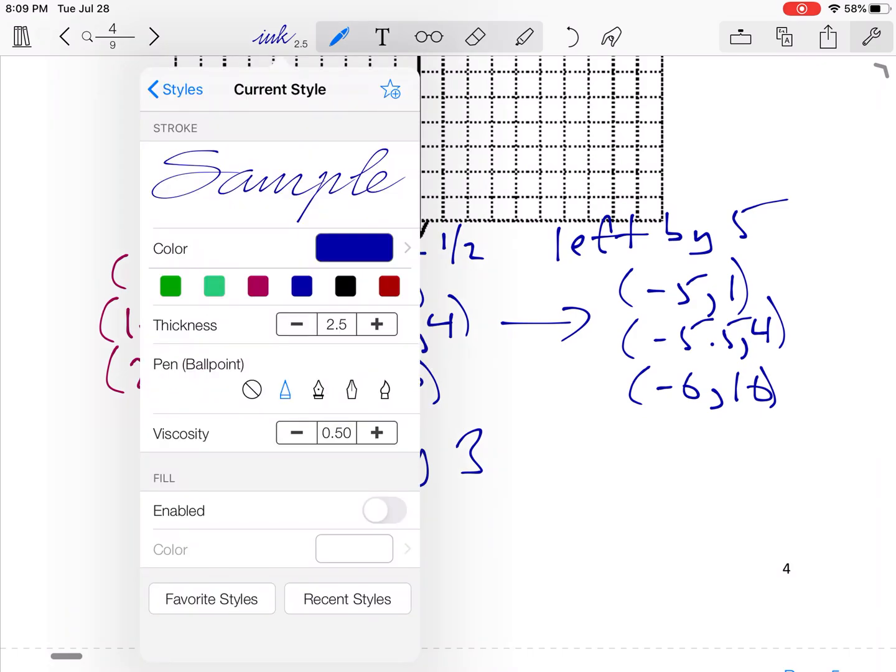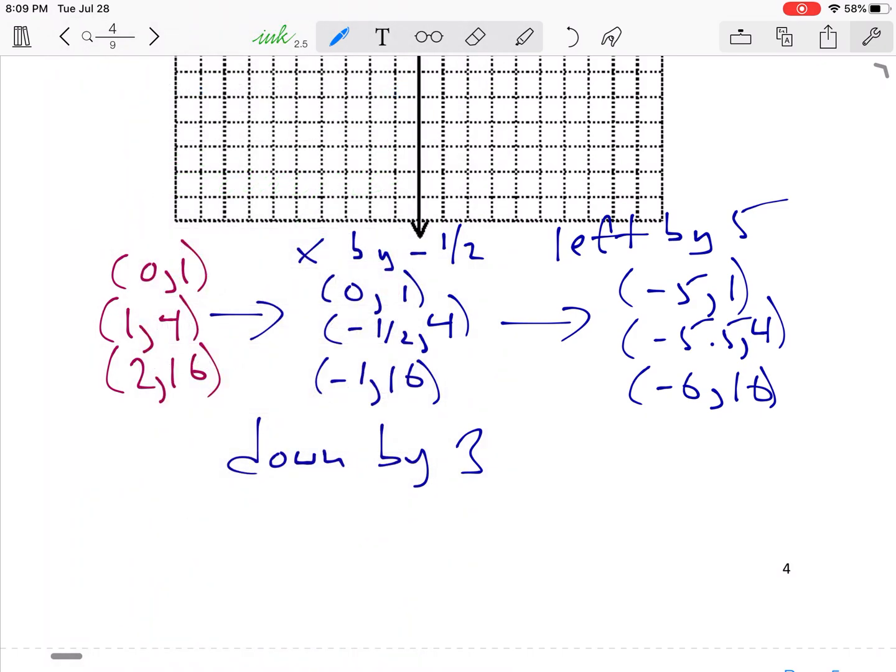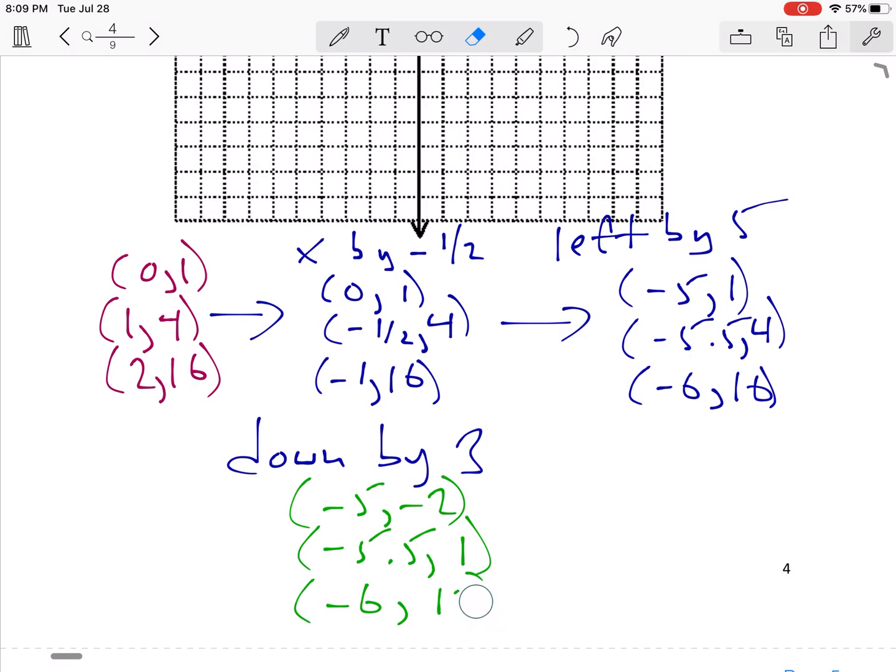So what you're going to get, and these are your final coordinates, is your y value is going to be subtracting by 3, so 1 turns into -2. We've got -5.5, and then 4 turns into 1. And then we've got 16 that's going to turn into, it's not 12, sorry, 13.